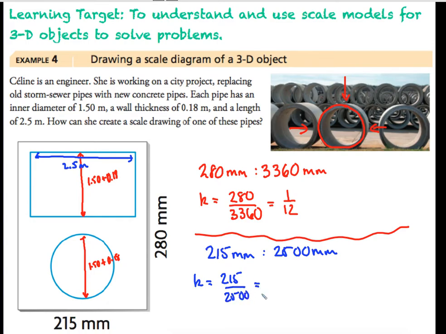And you can start to factor things down, and what you'll end up finding, you take a 5 out of here, take a 5 out of here, is you end up getting, I think it's 43 over 500. Okay? So it's 43 500ths, which is relatively close to 40 500ths. And I think you can see how that's the same as 4 over 50.